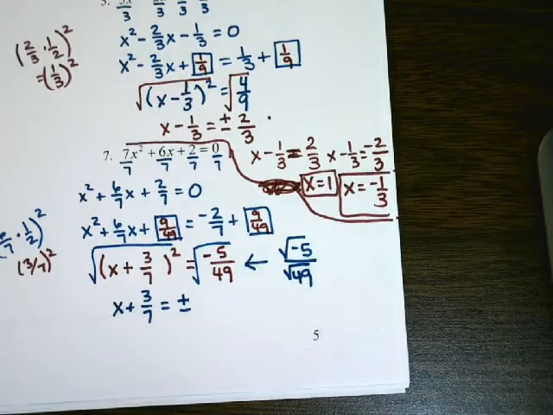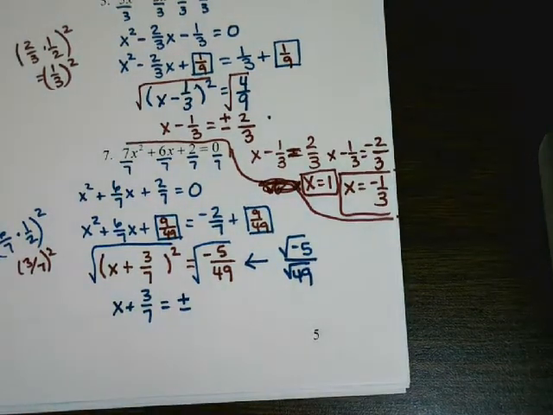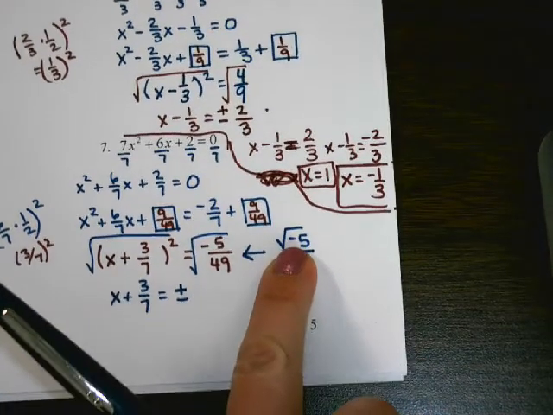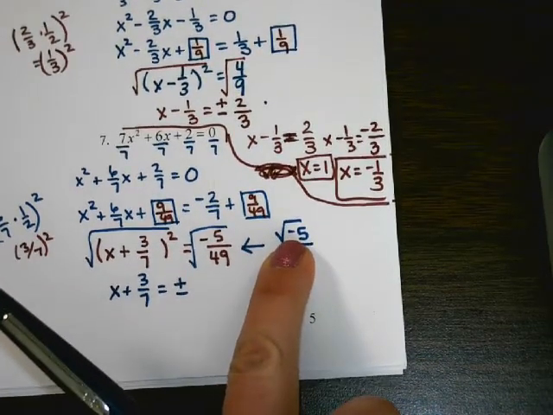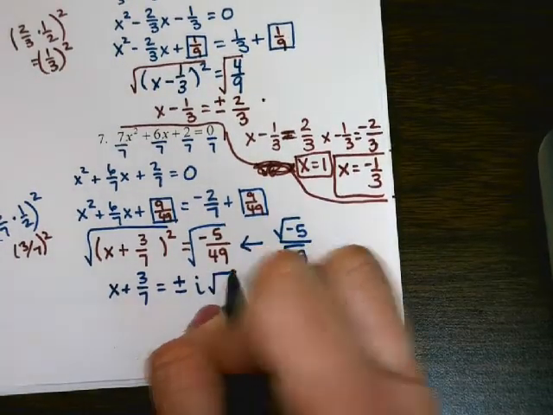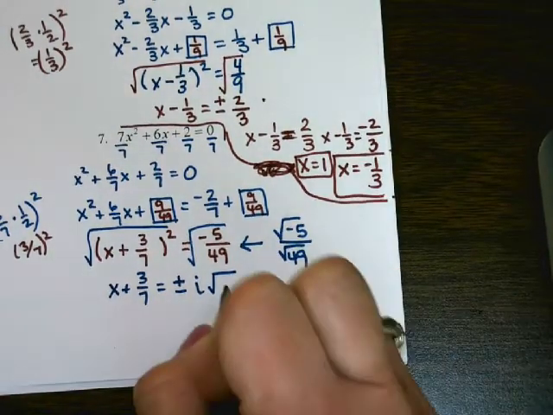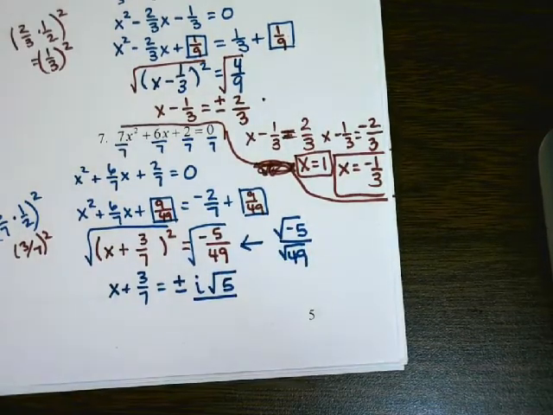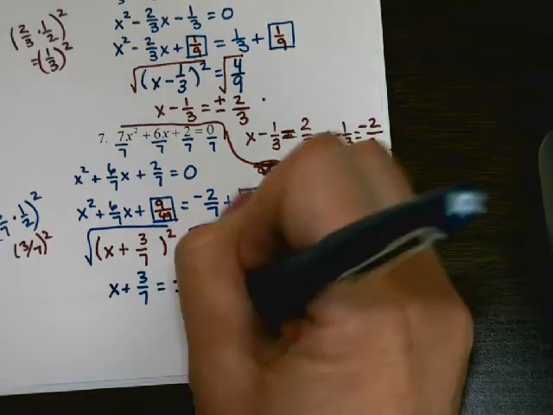Okay, so let's fix that. What happens with the negative? Imaginary, he's an i, so I got an i. Can I simplify the square root of 5? Nope, so he's i root 5 all over square root of 49, which is 7.